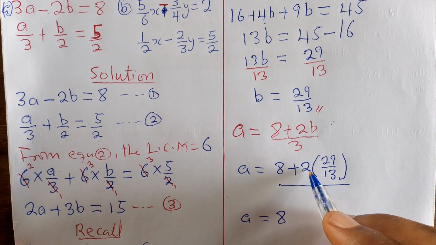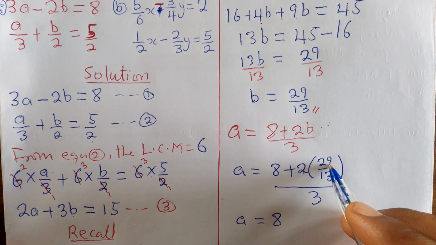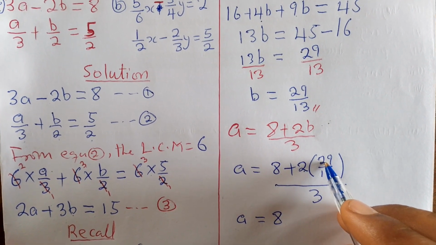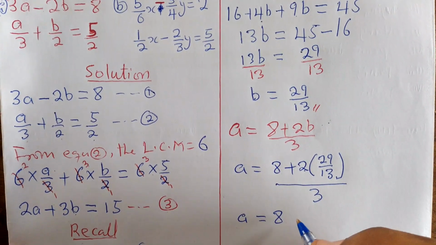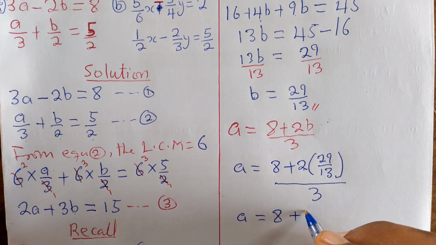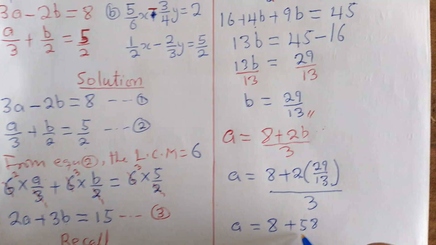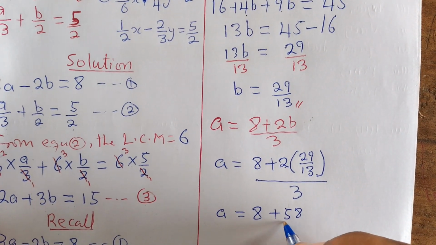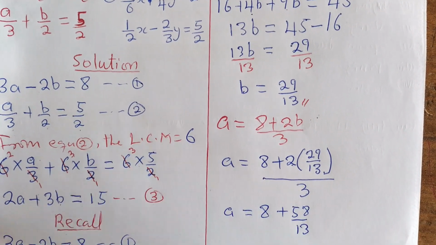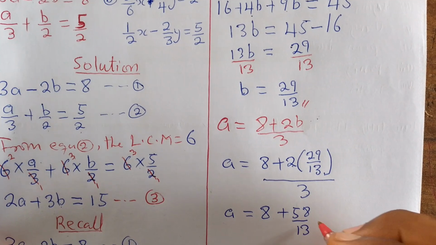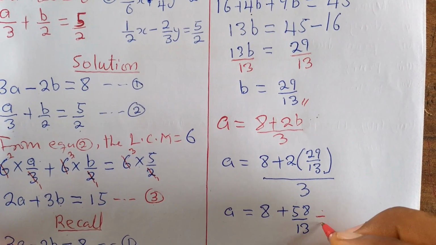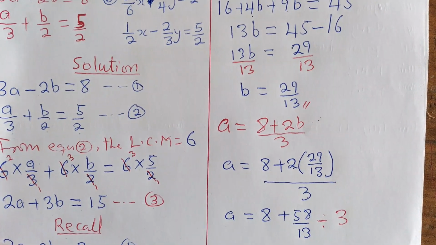So let me multiply here. 2 times 29 will be giving me 58. So that will be 8 plus 58 out of 13. I want to change this sign so that it will be easier for us. Divided by 3.